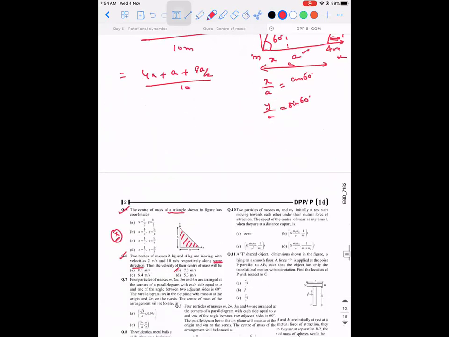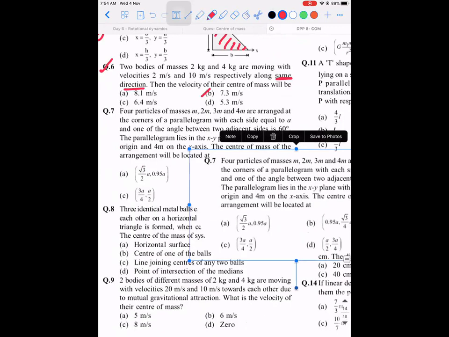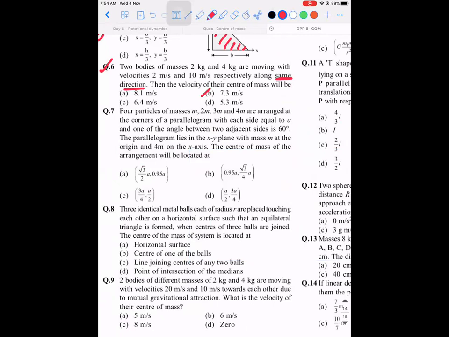Okay. Look at the 8th one. 3 identical metal balls, each of radius r, are placed touching each other on a horizontal surface such that an equilateral triangle is formed. When the centers of the 3 balls are joined, the center of mass of the system is located at.